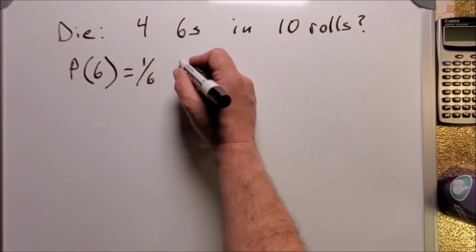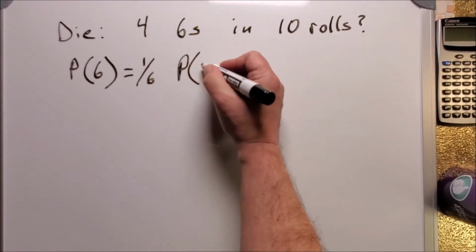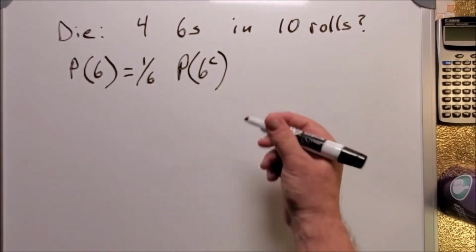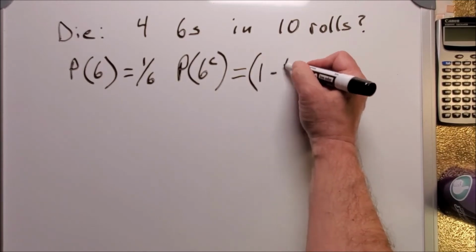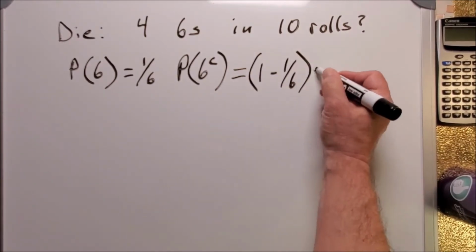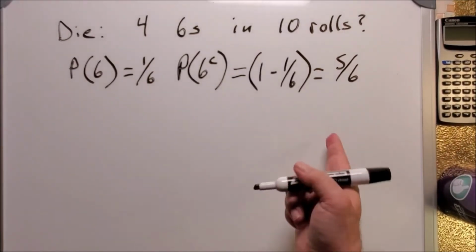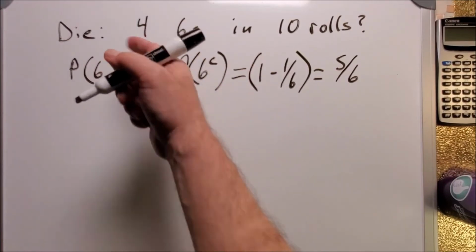So the probability of a 6 is 1/6. That makes the probability of failure, remember 6 is just success, and I'm going to start writing it like this. Failure is the complement of 6, and that's going to be 1 minus the probability of success, and that's the probability of failure, 5/6. Now we're going to roll this die 10 times, and I want this success to occur 4 times.